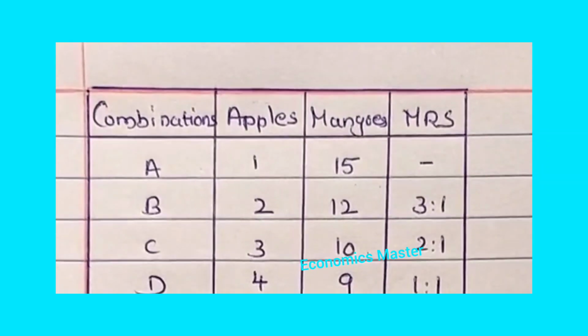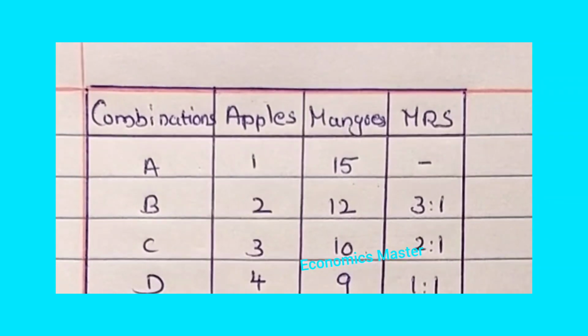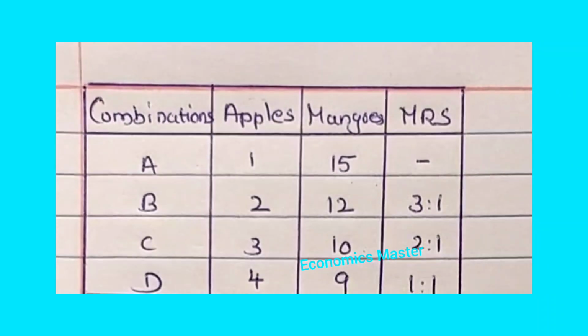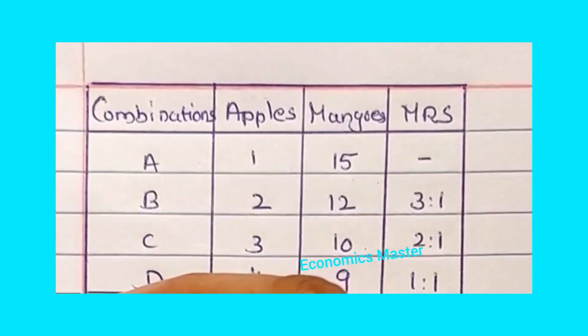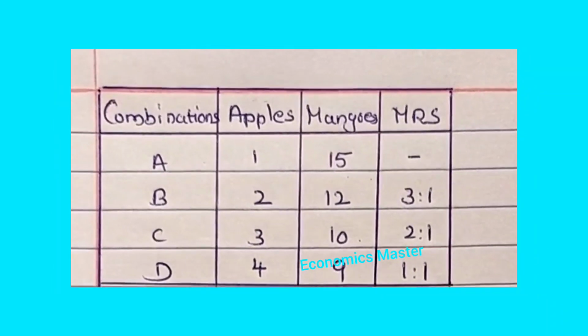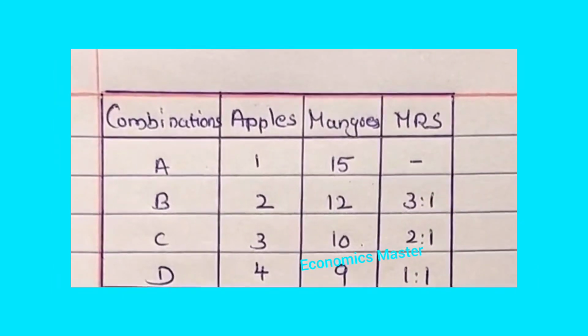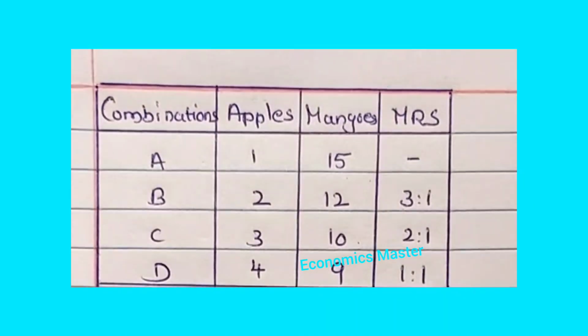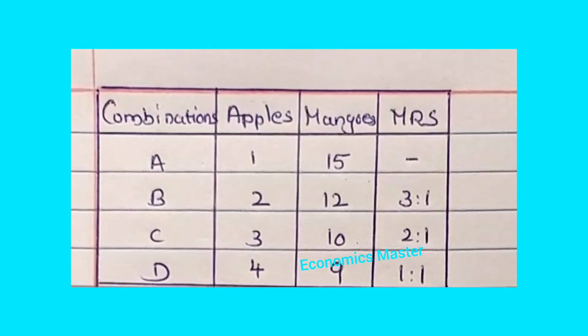And third combination C. He prefers 3 apples and 10 mangoes. And fourth combination D. He prefers 4 apples and 9 mangoes. All these combinations A, B, C, D give him the same level of satisfaction or utility.